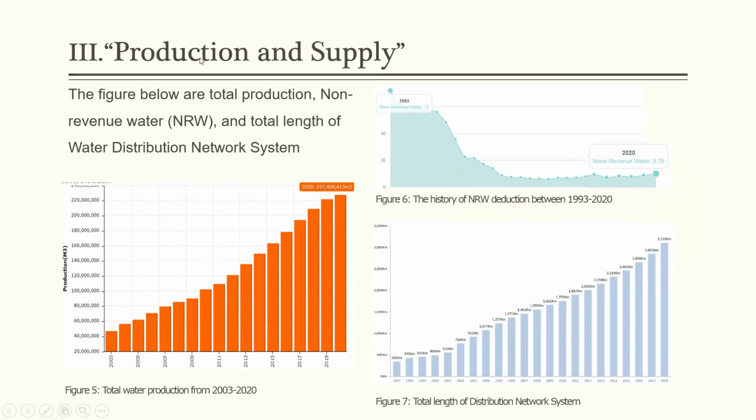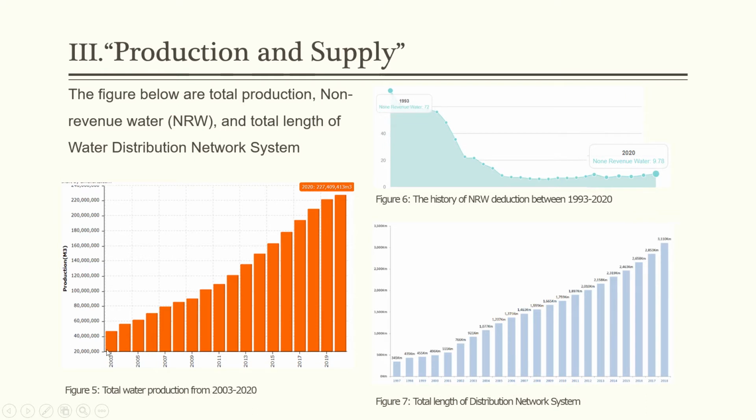And the third point is production and supply. The figures below describe the total production, non-revenue water, NRW, and the total length of the water distribution network. As you can see in figure 5, the total production from 2003 until 2020.